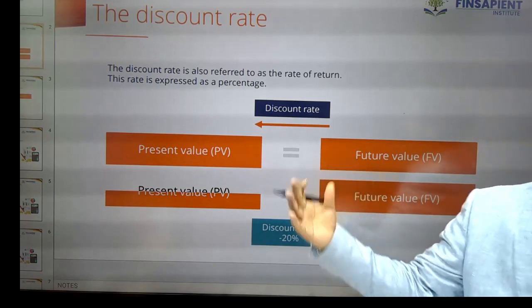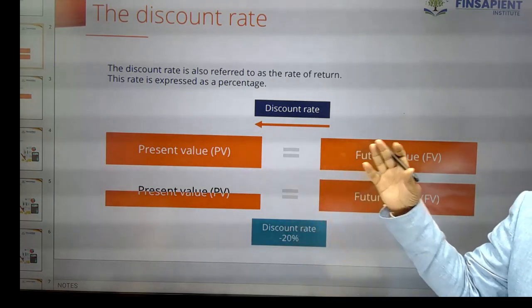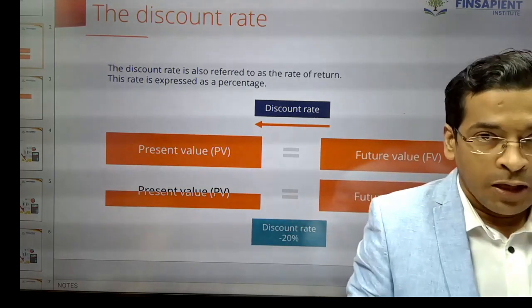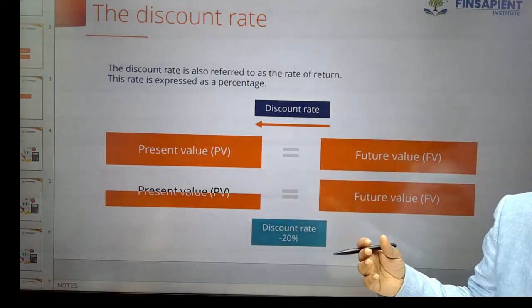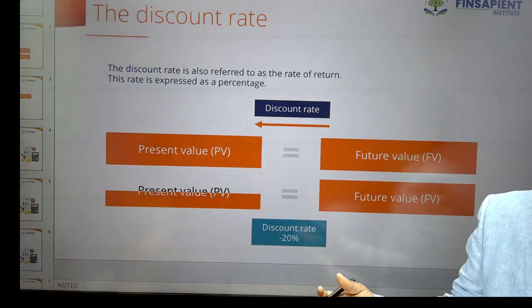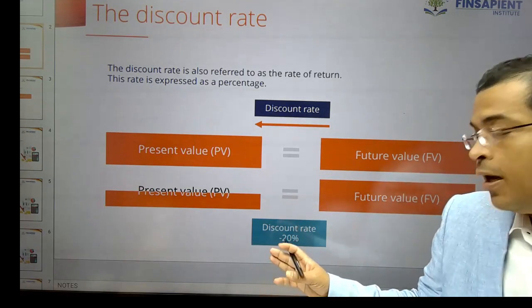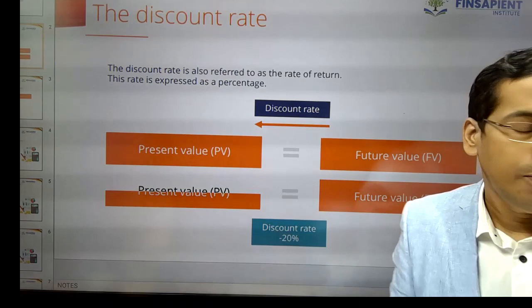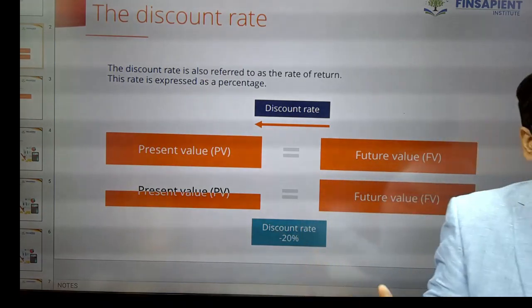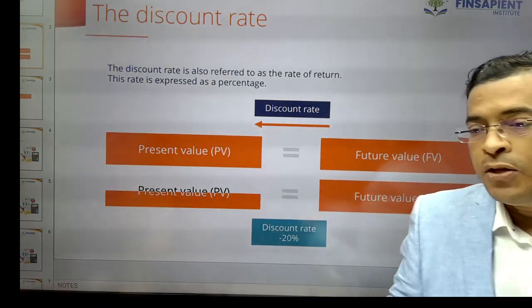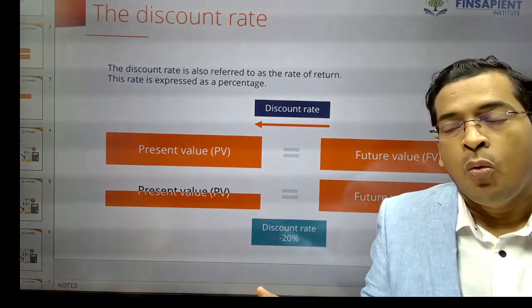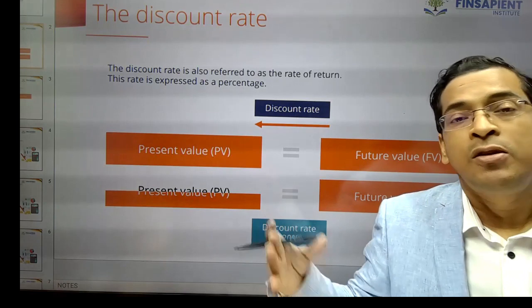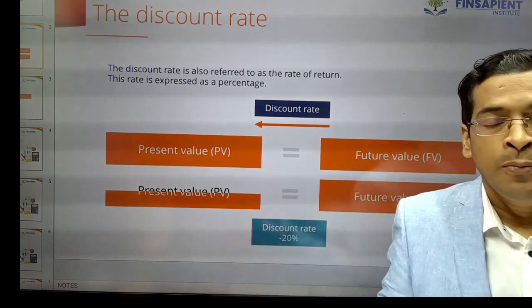So what present value means is that if we are going to get $1 million in the future, say in 10 years' time, it will not be the same in value today. It will be much, much lesser if we use a higher discount rate, 20%. Suppose, for example, if we use a 20% discount rate, for 10 years, 1 million will be worth almost, say, 0.4 million now.